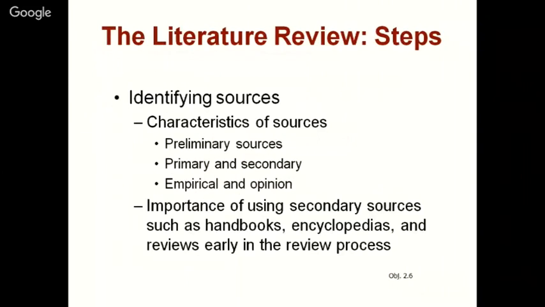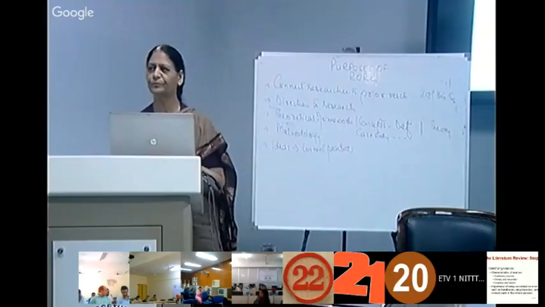These three categorizations are preliminary sources, primary and secondary sources. So three different categories can be there. May I know from the audience what is included in preliminary source of information? Anybody who would like to respond?